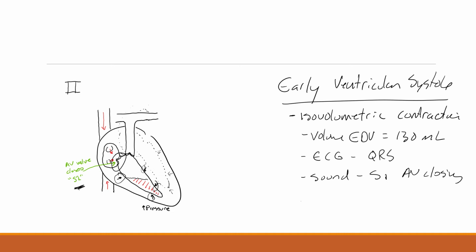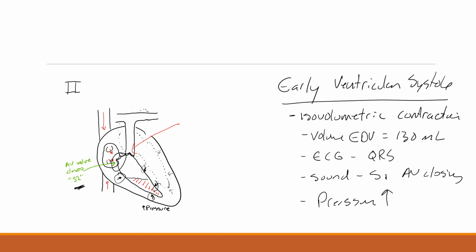And now, at this point, pressure in the ventricles is starting to rise. And as it's rising, you'll note that initially it's going to shut the AV valve. And just to quickly point out here that the pulmonic valve and the aortic valve would still be shut as well.